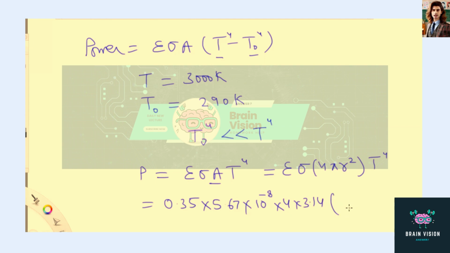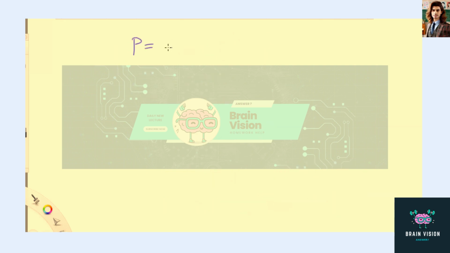Radius of this sphere has been given as 1.5 centimeters, so it becomes 1.5 into 10 raised to the power minus 2 to the whole square, and finally 3000 to the power 4. So it becomes 4.54 into 10 raised to the power 3 watt.